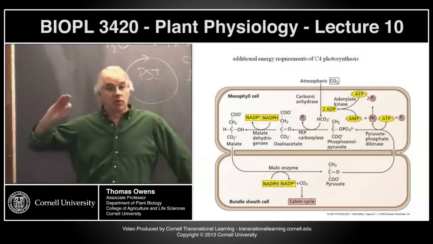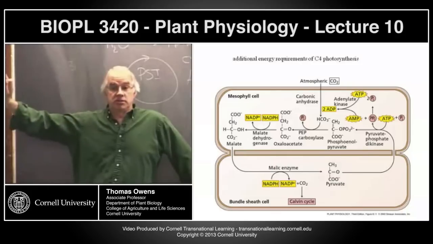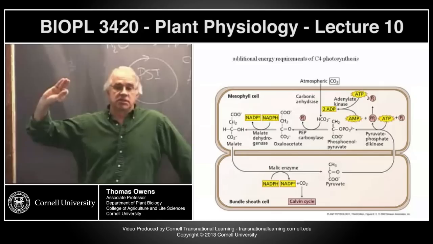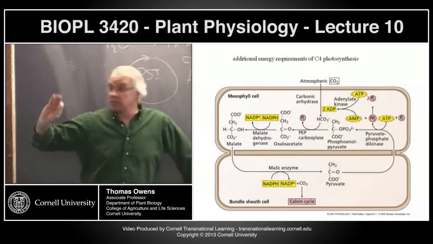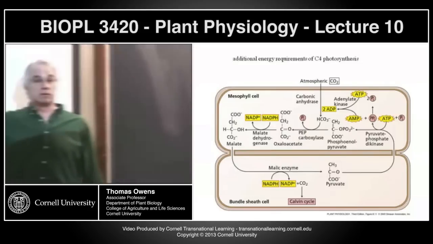Okay, so the net picture that you should take away from this is that what C4 photosynthesis has done has not replaced Rubisco. The Calvin cycle is still here.